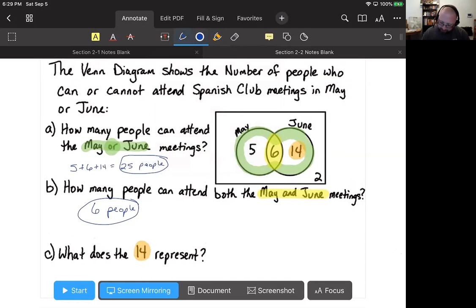That 14 represents that there are 14 people who can attend the June meeting but not the May meetings.